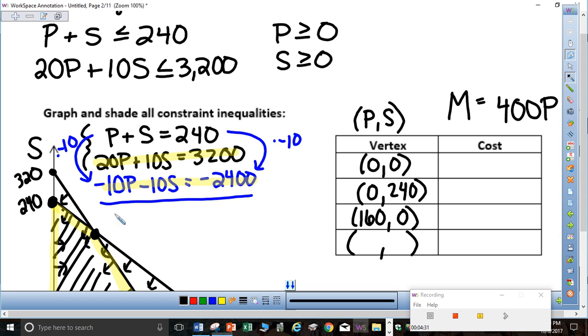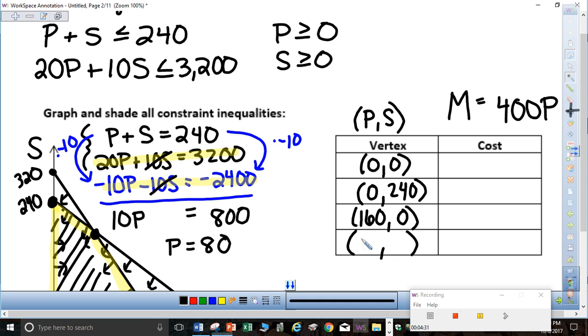All right, so over here we have 10S minus 10S, those are going to cancel. 3,200 minus 2,400 is 800, and then divide both sides by 10. 800 divided by 10 is 80. So that's the P-value of our vertex point. I would plug it back into the first equation, so knowing that they have to be equal to 240, that tells me that the number of squash acres in that combination would be 160.